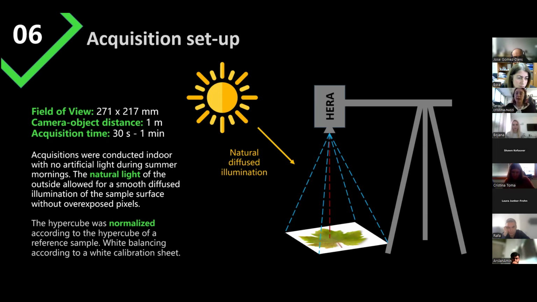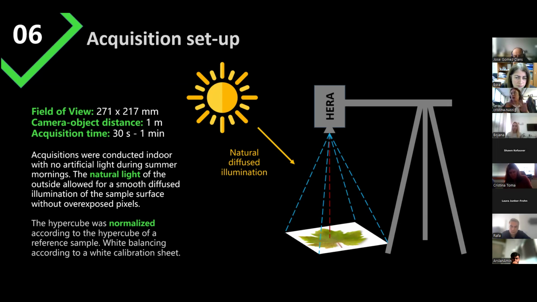We placed the camera to look at the floor, and we placed each leaf on a white panel to acquire the hypercube. We also acquired the reference, which was a Teflon sample, and we normalized the white levels using a white background.